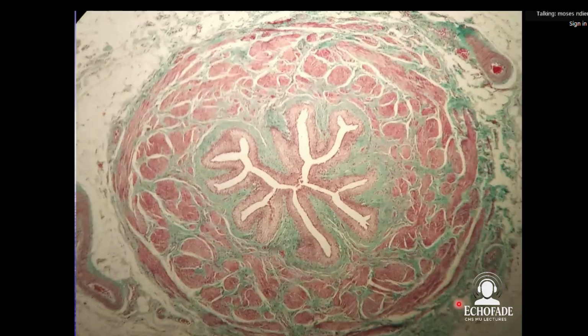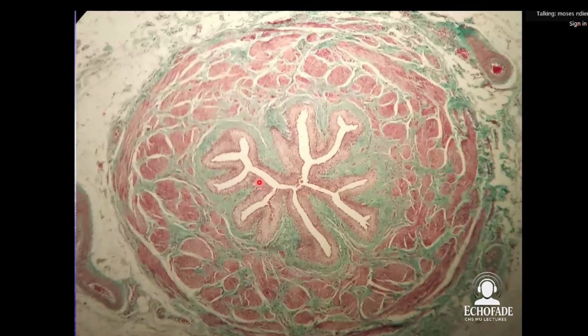The adventitia contains dense connective tissue, some blood vessels, like the artery here, and some nerves. Almost each of the muscles has a nerve supply, so when you have a kidney stone, usually it will be very, very painful. So that's what we have as far as the ureter is concerned.